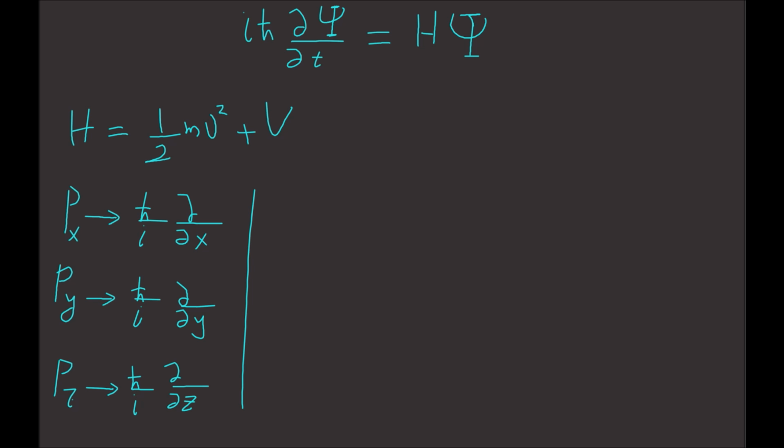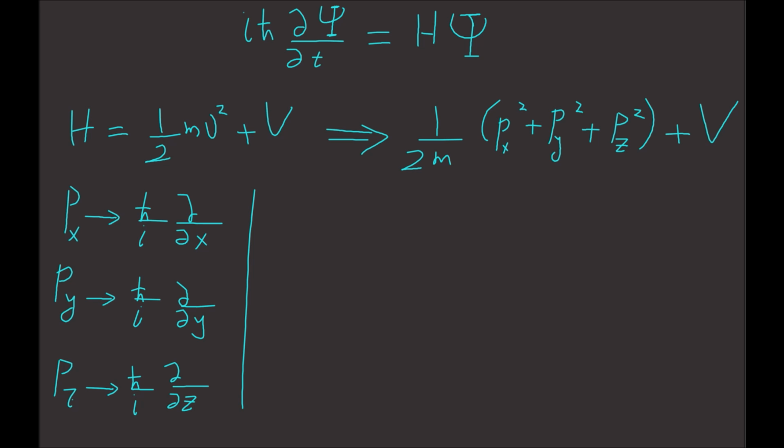So in terms of these p's, the Hamiltonian reads 1 over 2m times p sub x squared plus p sub y squared plus p sub z squared, plus the potential function. Up to this point, we don't know what the potential function is, okay? But remember, we're doing this for the hydrogen atom. And up to this point, we're doing this in Cartesian coordinates, as you see, we have x, y, and z.